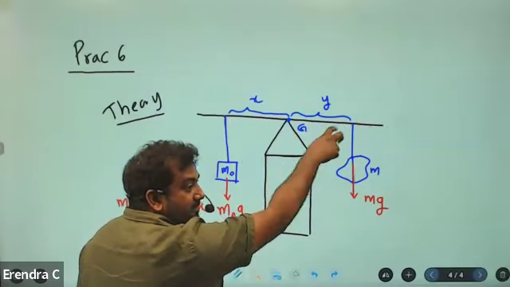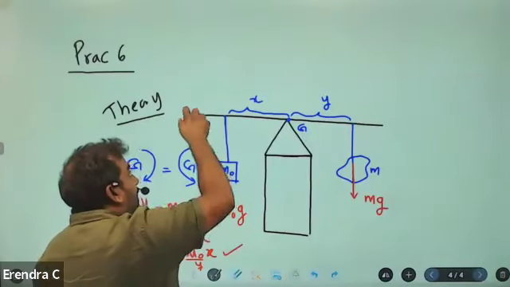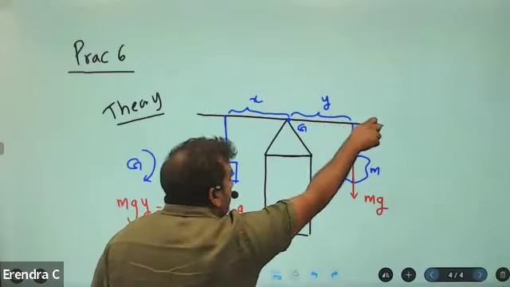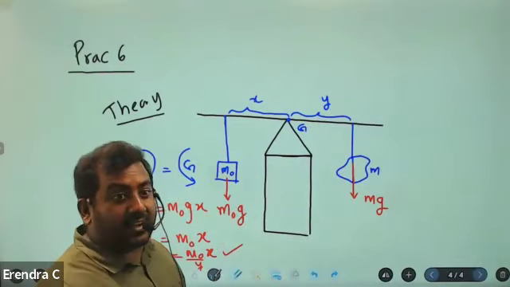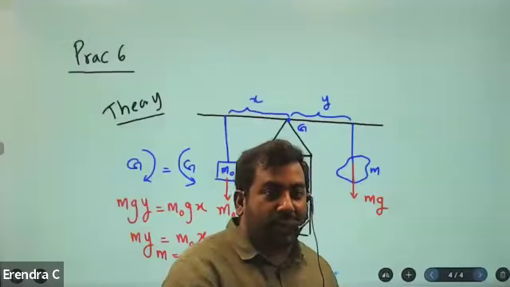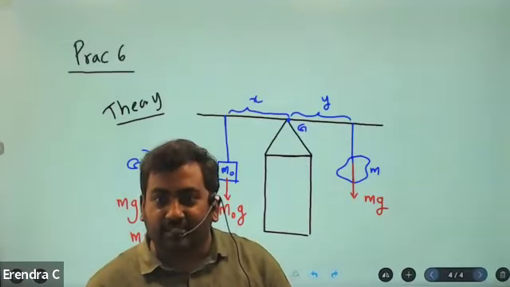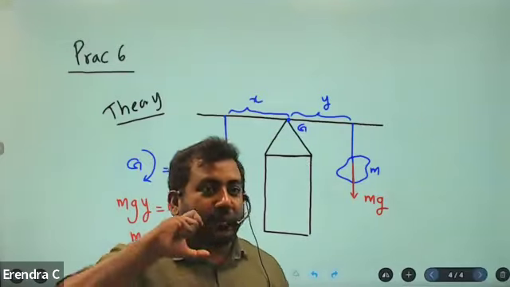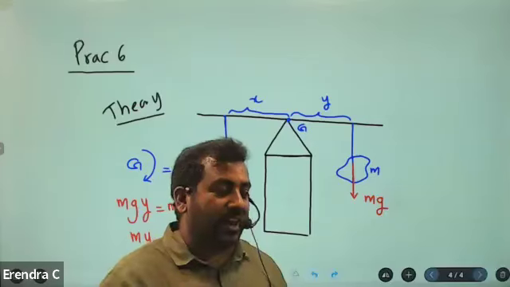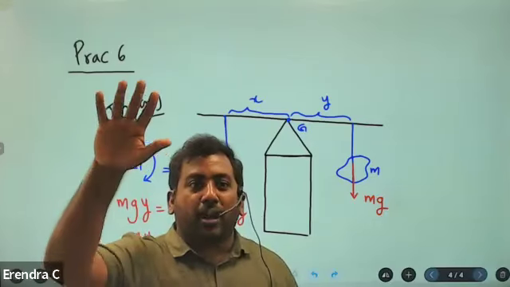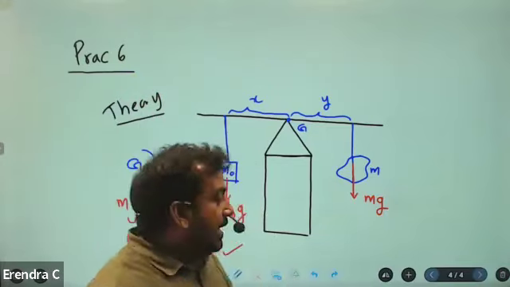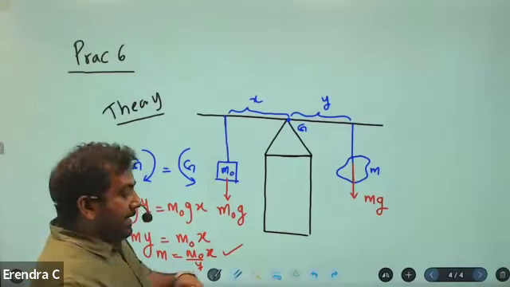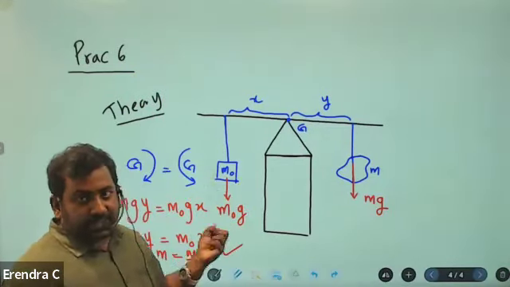We get X and Y. Like that, for different points, we get different X values and different Y values, and then we plot the graph. From the gradient of the graph, we can find the unknown. People who have done this practical in school? Few. Right, good.